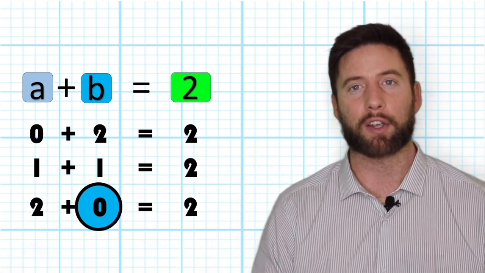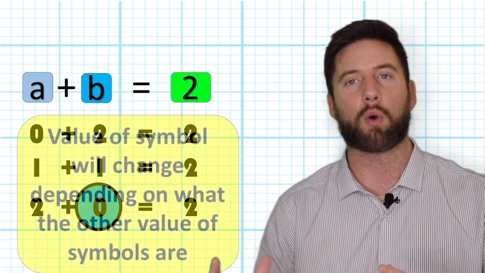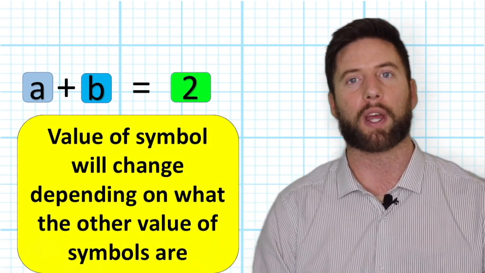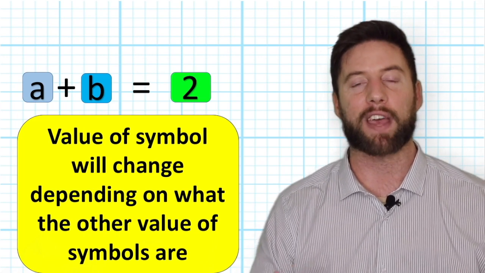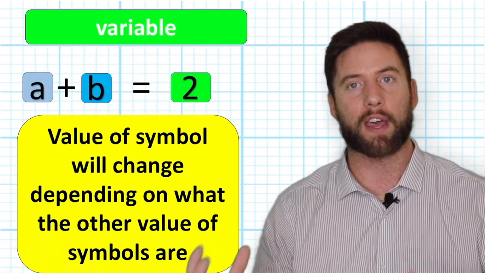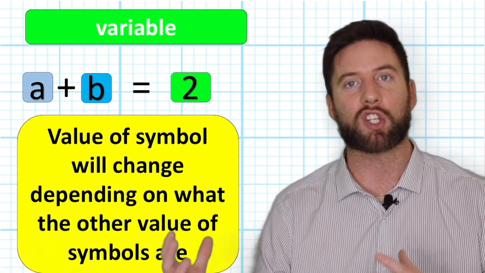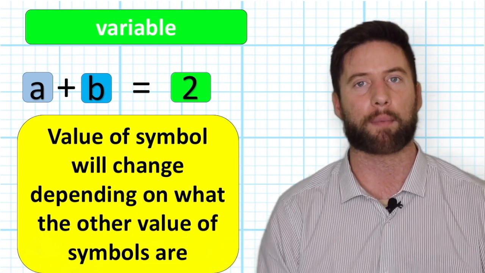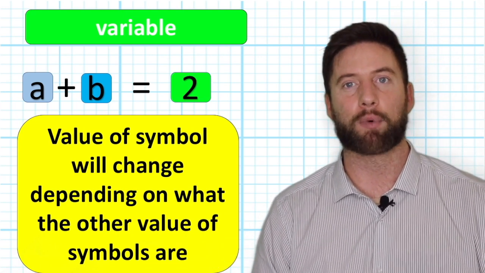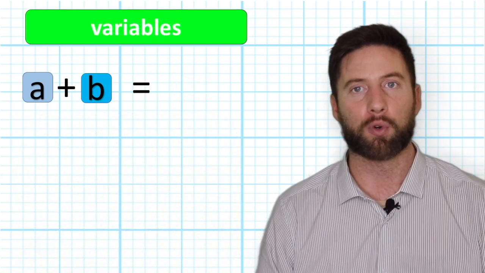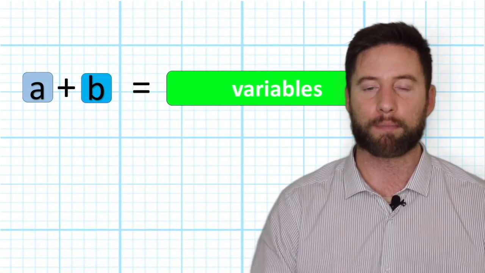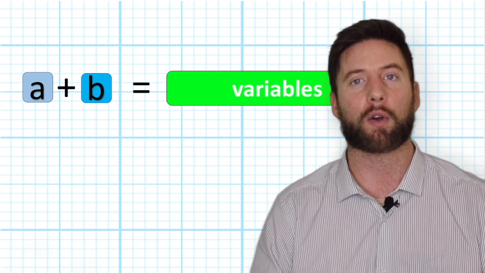So a symbol's value can change depending on what the other symbol's values are doing. And this means that it is variable. These symbols are variables. Their value can change depending on what else is happening around them. So in this example, both A and B are both variables because they can both change, their values can both change depending on what the other one is doing.